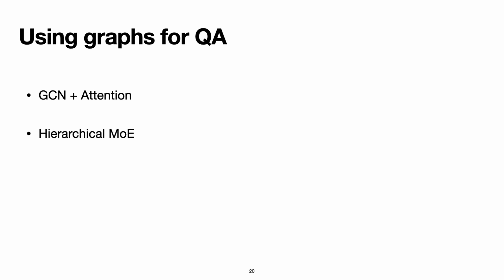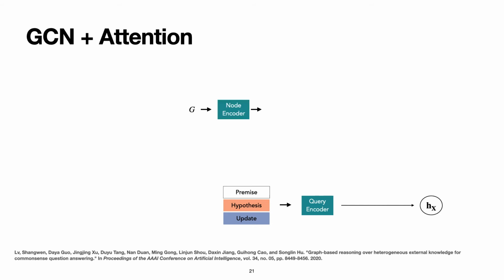So for graph-based QA, we experiment with one more baseline, which is GCN plus attention, and then we show our model, which is hierarchical MOE. The GCN plus attention model is derived from Lv et al., noted here. Briefly, we have a query, which is encoded as HX.